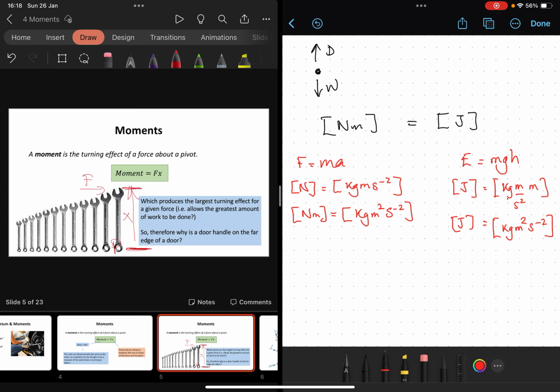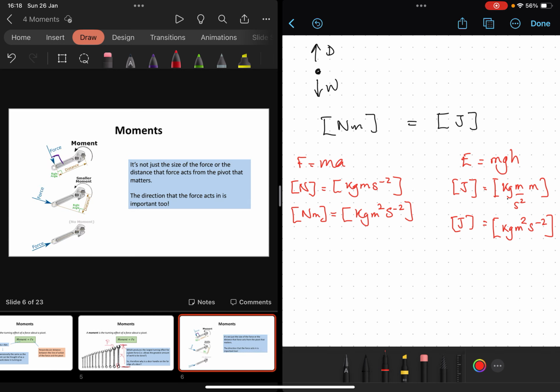However, the direction that the force acts in is also important. Okay, you've got 3 diagrams in front of you, and I would guess that your gut instinct is telling you that the most effective direction to apply that force from is in the first diagram. And you'll notice that there's a right angle between the wrench and the force.